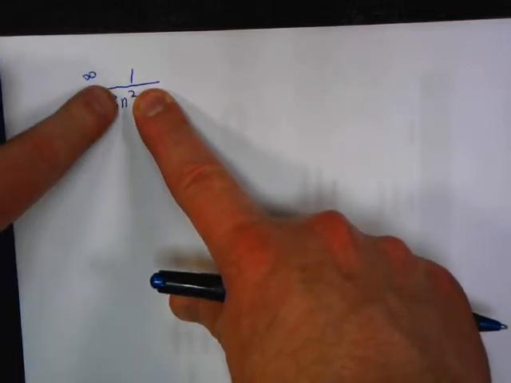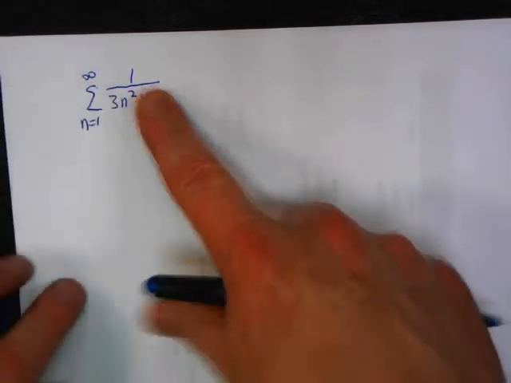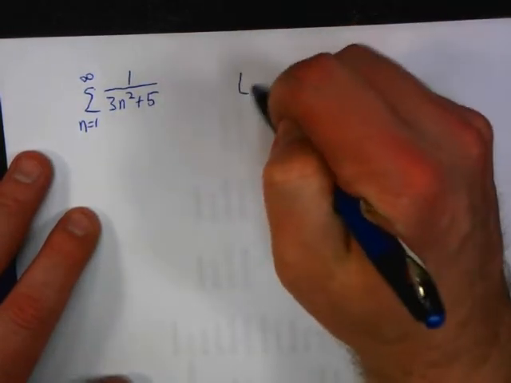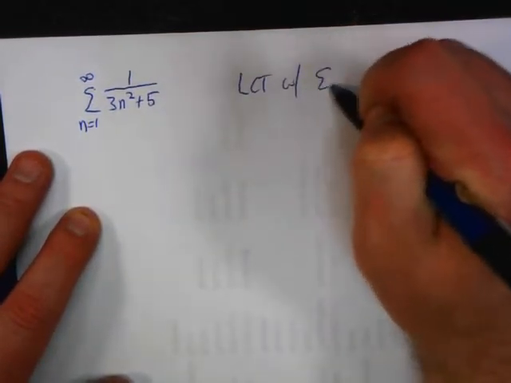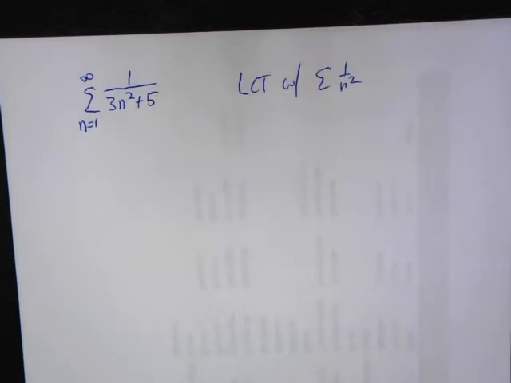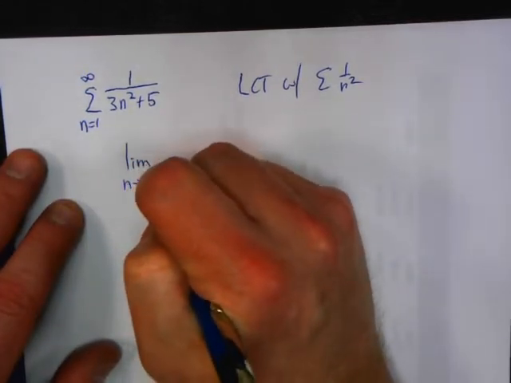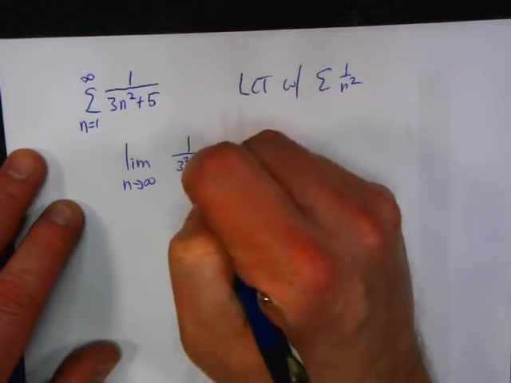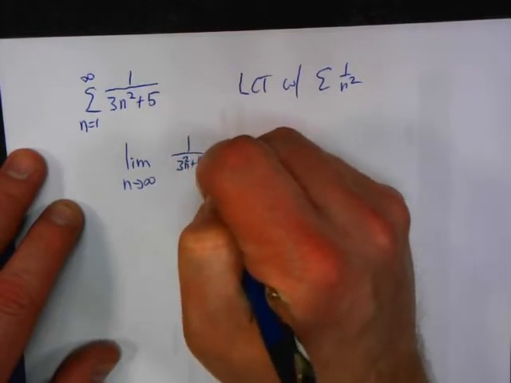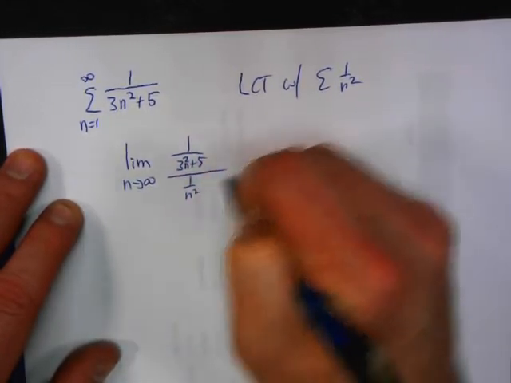So again, you just look at your powers. That looks like a P series. So I think I'm going to compare to that. And this time I'm going to have a limit as n goes to infinity of 1 over 3n squared plus 5 over 1 over n squared.